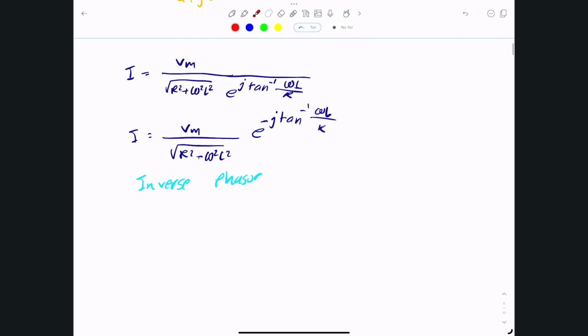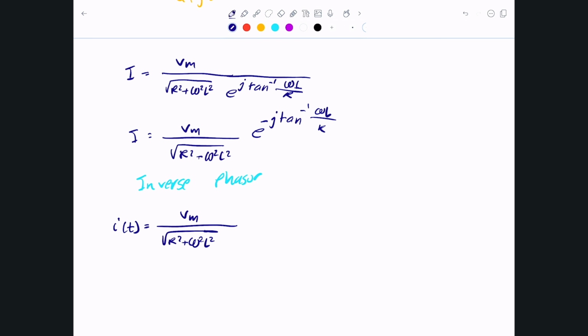I'll explain the detail later, but for now trust me: uppercase I becomes I(t), equals, well, this is just a number, so we keep it as is, V_m over the square root of R squared plus ω squared L squared, and this e to the j term becomes a cosine, utilizing Euler's equation, multiplied by e to the jωt. For now, it doesn't matter. What matters is the following: cosine of ωt minus tangent inverse of ωL divided by R.